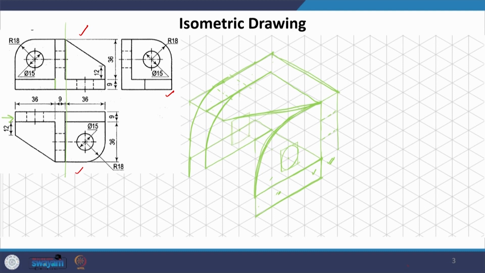You can look at the parallel lines and the distances, how we are taking it back, and there will be another one at the back of it, which will be the same size.